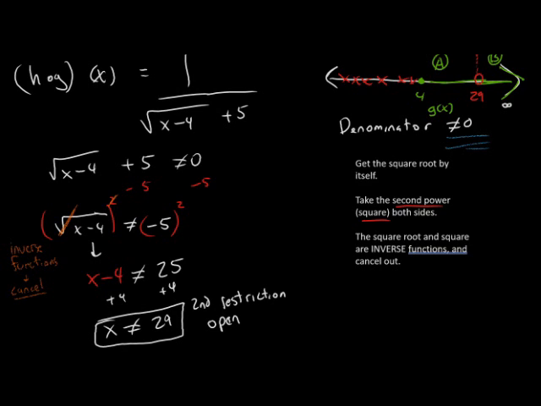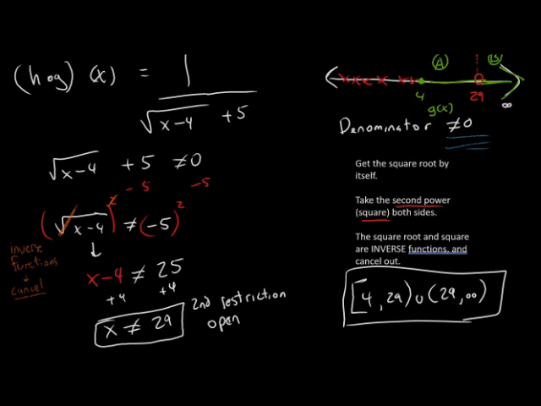So for our domain of our new composite function, keeping in mind the limitations we placed with our g of x domain, and keeping in mind the new limitation we've placed from our new composite function, we can say that piece A goes from 4 to 29, with the 29 as a parentheses and the 4 as a square bracket because it's closed. Then we'll say union 29 to infinity, and that will be our solution for this new composite function.